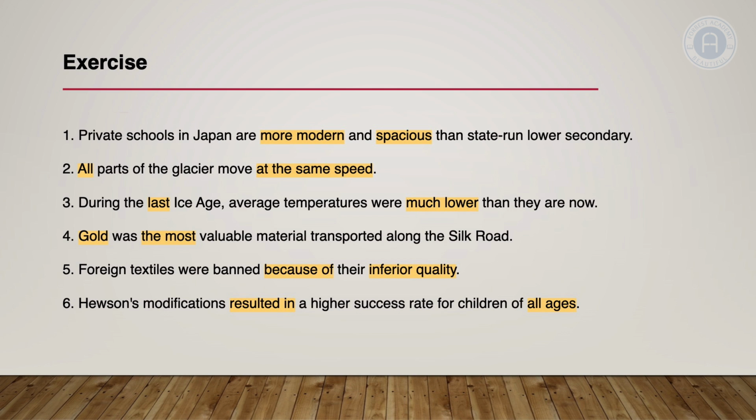Was this true about children of certain ages, or no, was this true about children of all ages? And the other thing you should also be keeping an eye out for is whether those modifications resulted in a higher success rate. So the whole concept should be understood well, and it should be compared to the information that is presented in the passage.